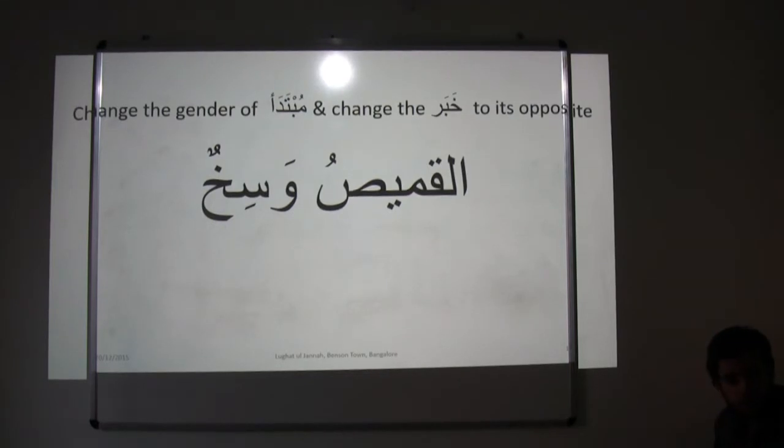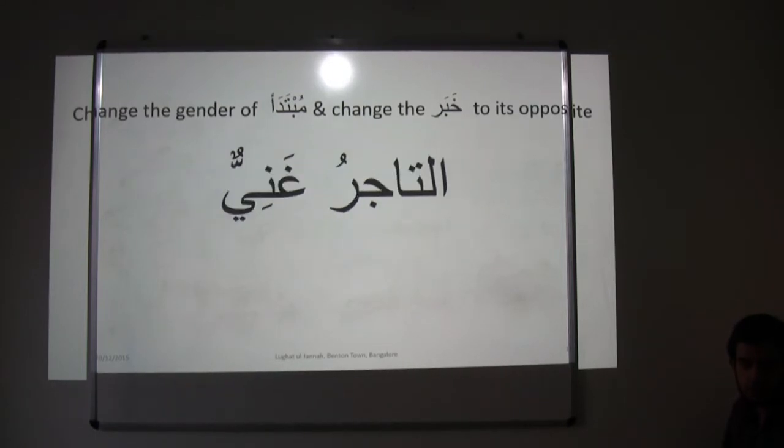Yeah. Okay, here you use the word for hand in place of al-qamisu. Done? The next one.